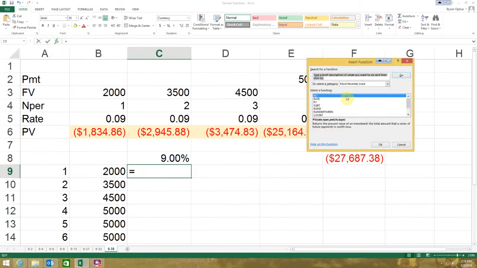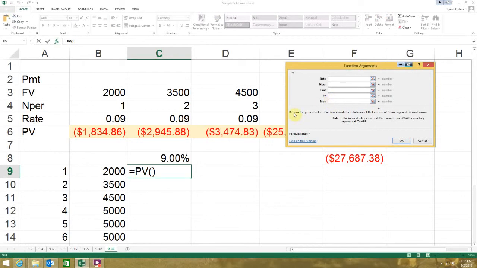Let's do the same formula using present value. My rate is always going to stay right here in cell C8. If I want to, I can press F4, and that puts a $ in front of each part and maintains that reference.